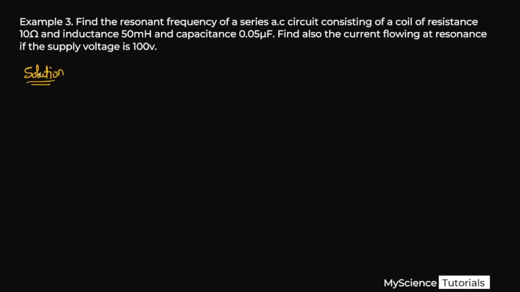As usual, let's write down all the parameters that we have to see what we are lacking and where to go from there. We're asked to find the resonant frequency FR, so we do not know that. Then we're told that the resistance of the coil is 10 ohms, and an inductance L of 50 millihenry, and a capacitance C equal to 0.05 microfarad.